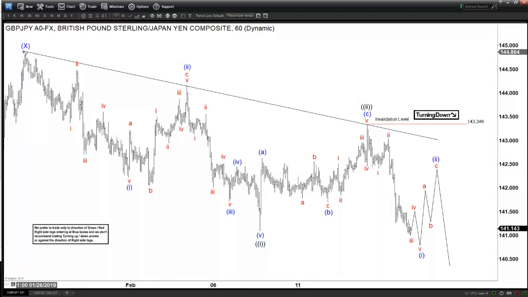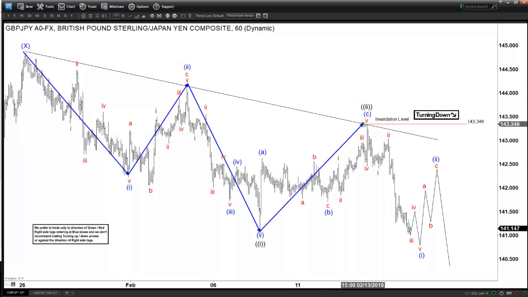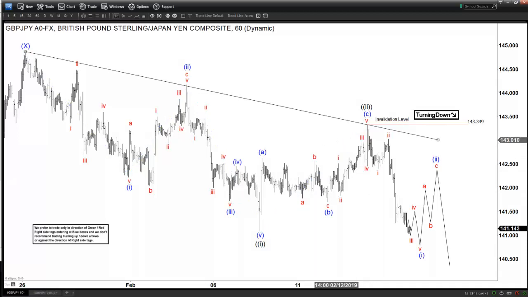Now if we take a look at this chart here, we can see that this decline that starts from January 26, if we count the number of swings, we have a 1, 2, 3, 4, and then 5. It looks to be a 5 swing sequence.